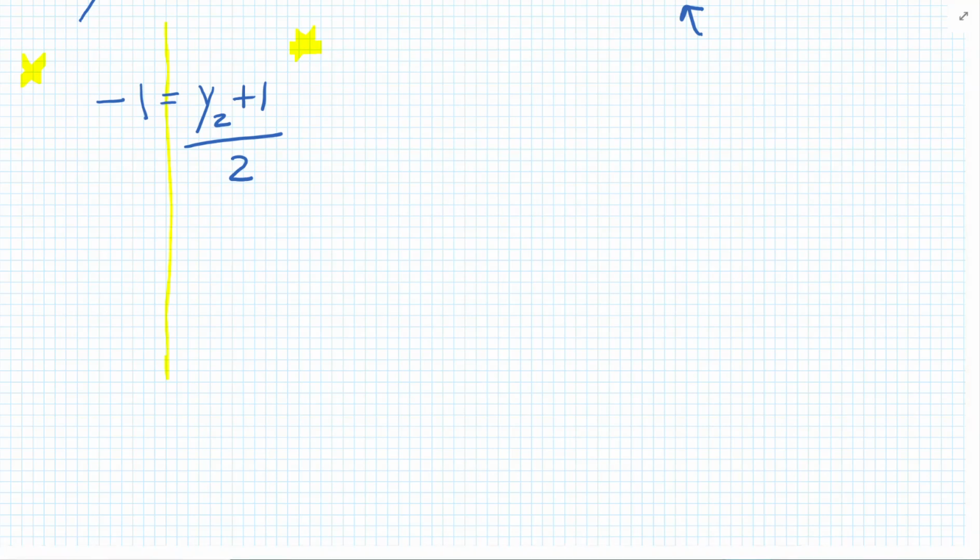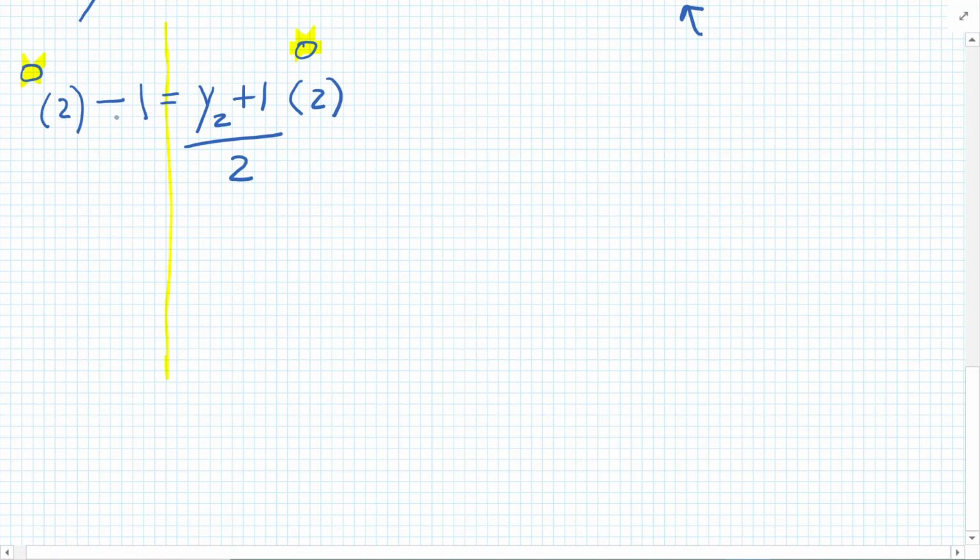So, in order to turn this 2 in the denominator into a 1, we're going to multiply the numerator times 2. But because we did it on the right side, we need to do it over here. So I'm going to multiply it times 2. Now this is where the magic of math happens.